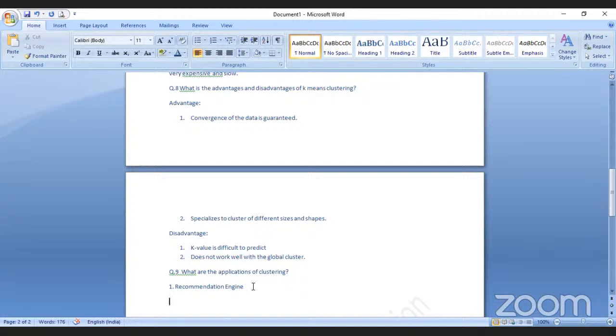We measure those distances and group the data sets. So it is applicable when we are recommending any product to a customer. That is one application.